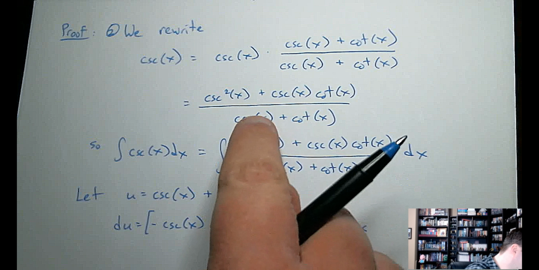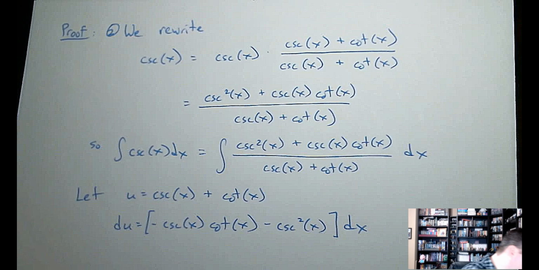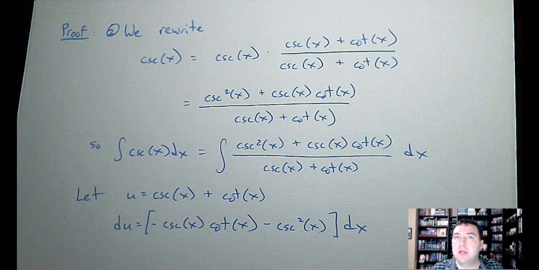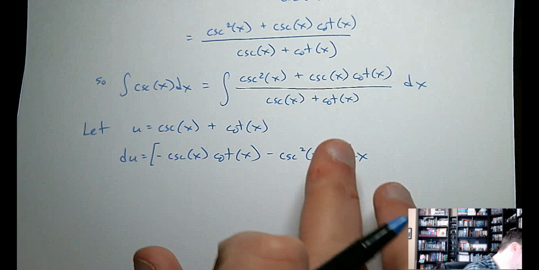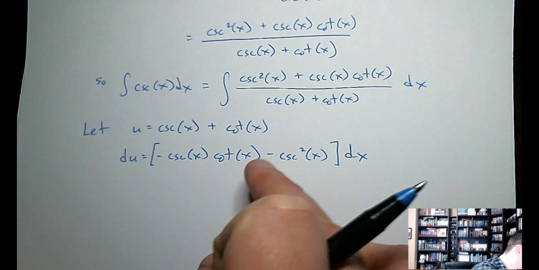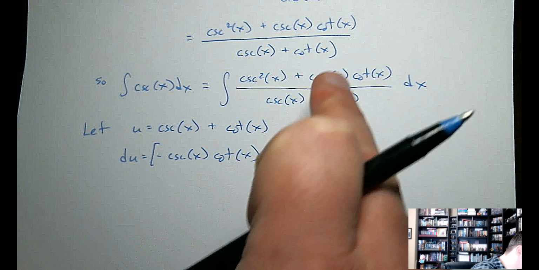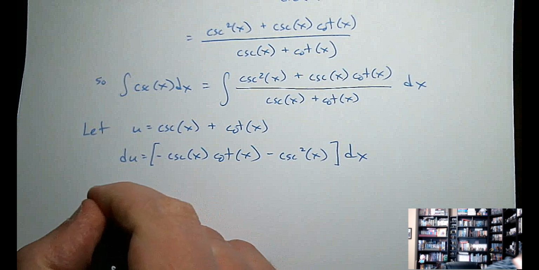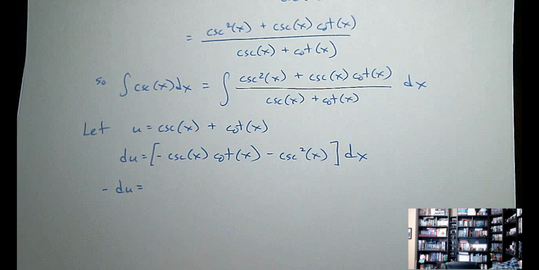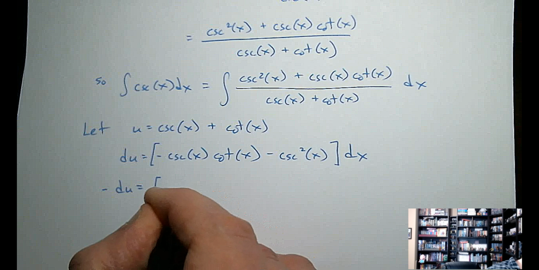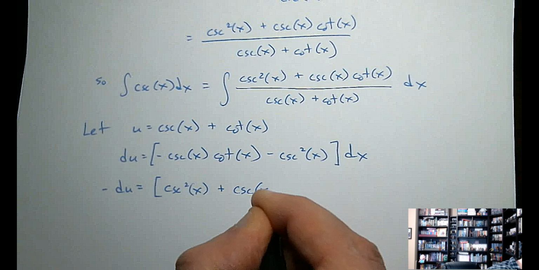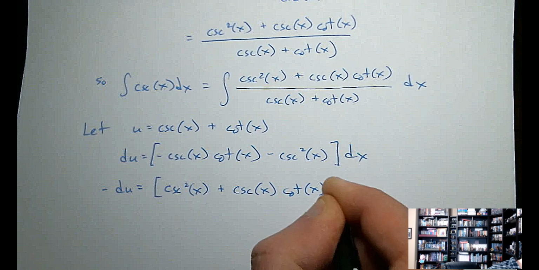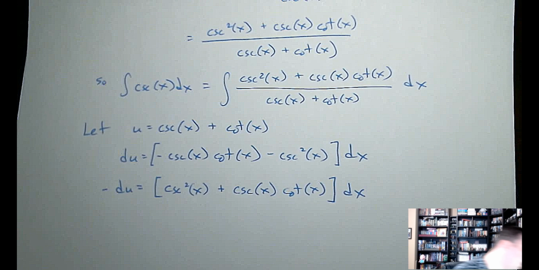We've got a cosecant squared in both. We do have an extra factor of -1, but that's okay, of course. We can pull that out and divide it across to the left-hand side. And if I'm going to do that, why don't I make these even more obviously similar? I'll just rearrange the order of these two terms so that it matches what I've got up here. And so then that'll tell me that negative du is cosecant squared x plus cosecant x cotangent x all times dx.